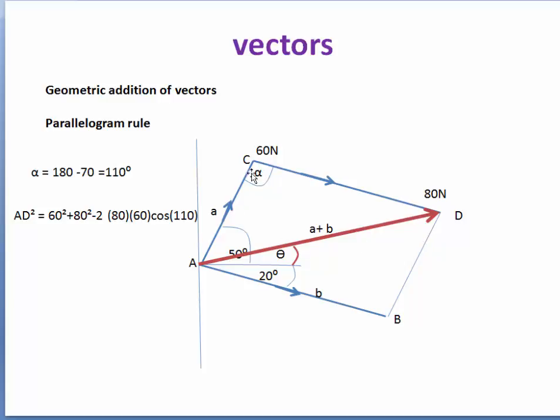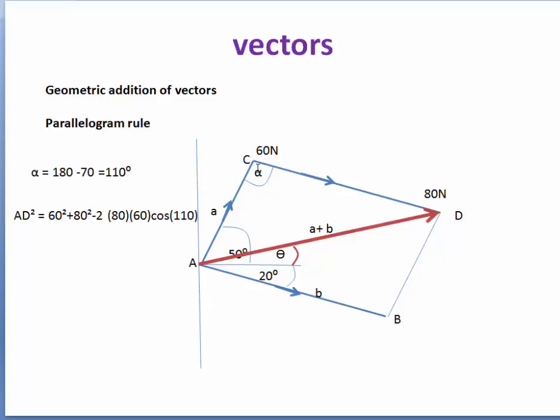So then we can work out these other two angles, because the angles of the parallelogram add up to 360 degrees. So 70 plus 2 alpha equals 360. So we can work out 2 alpha as 220 degrees, and then this angle alpha is half that, which is 110.